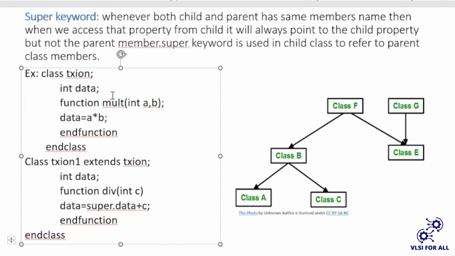So, for example, let's take this: here the data is there, right? What I want to do is add this data as well as this C inside this child. What will happen if I don't use the super keyword here?